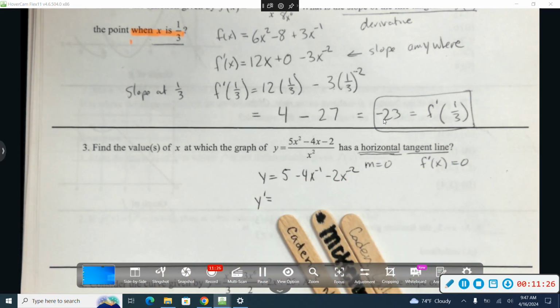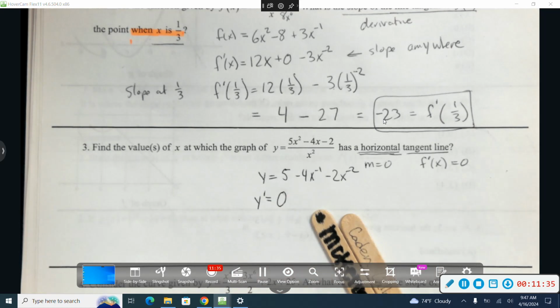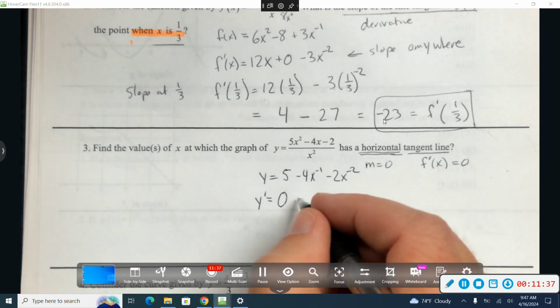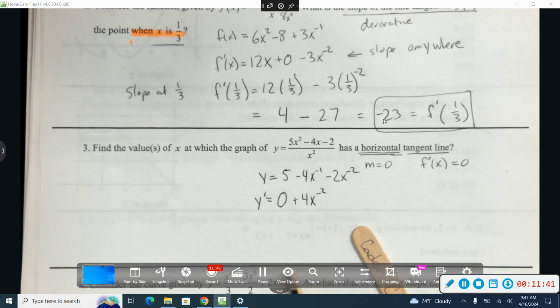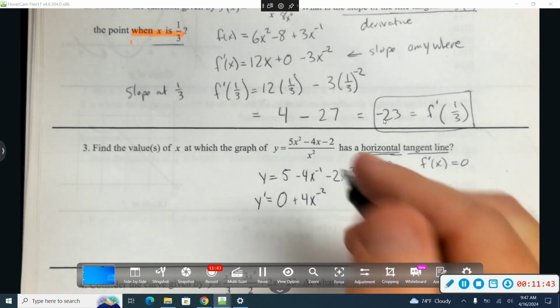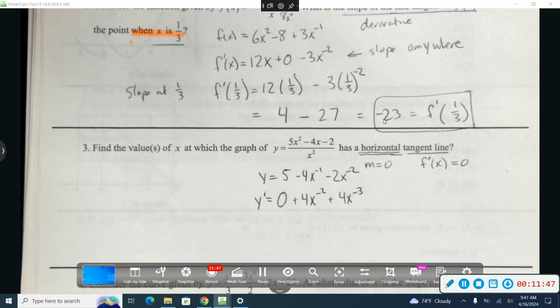So, Cadence, how about the derivative of 5? 0. McKenna, the derivative of -4x to the -1? 4x to the -2. Yes. And Caden, next one? 4x to the -3. Okay, so yes, good. We found our derivative.